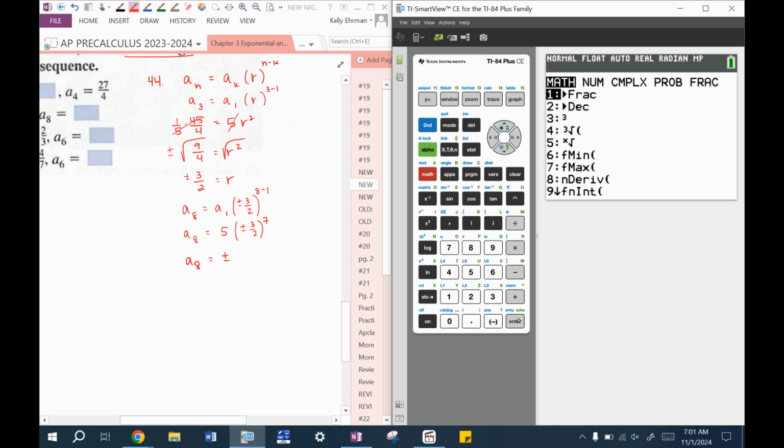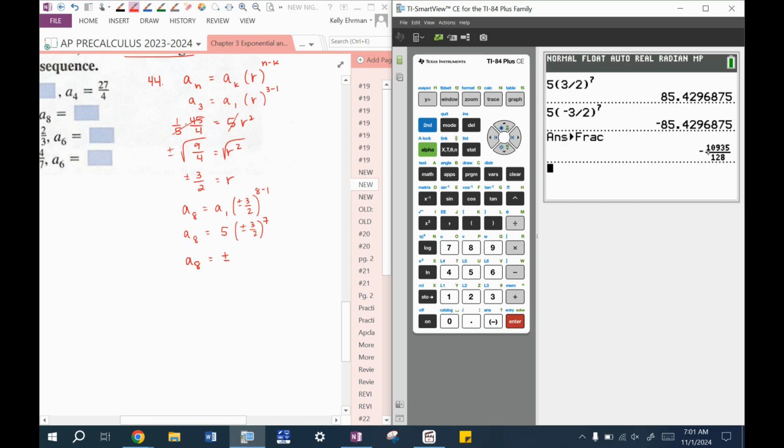Can we do a fraction? Oh, we can. So I can change that to a fraction. So I can either round this to 3 places, or I'm going to use the fraction. 10,935 over 128. Or that was about equal to plus or minus 85.430. Just make sure you round correctly.